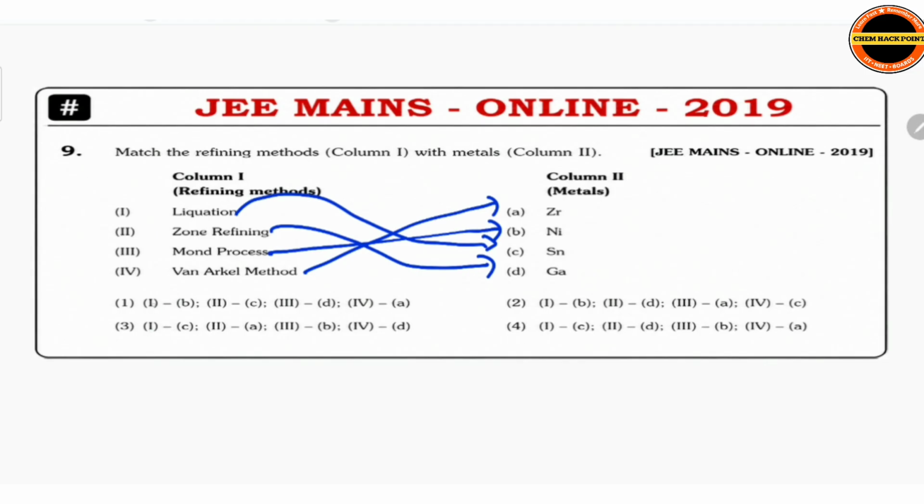So now if you observe, one is liquation, tin, that is C. Two is A, zone refining, that is D. See here this option. Three is B, three is the Mond process, B is nickel, four is A. So the fourth option is correct. If not, watch: in this video we did not discuss these methods. In the previous video we discussed these methods. Once you watch it, they are interconnected, that's why we discussed them here itself.